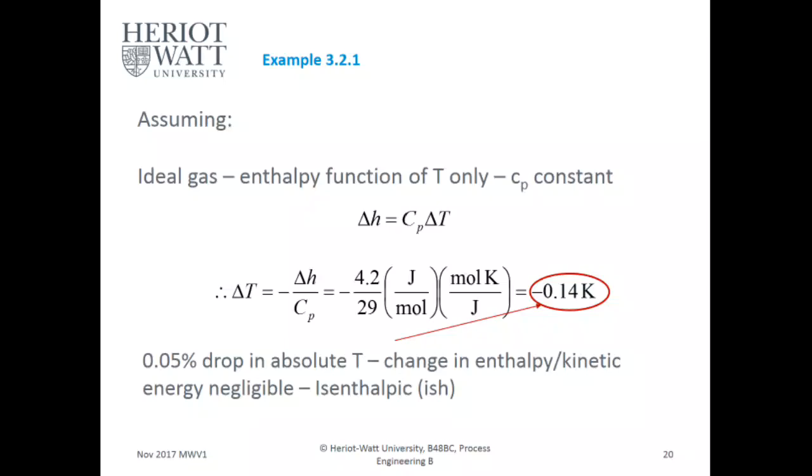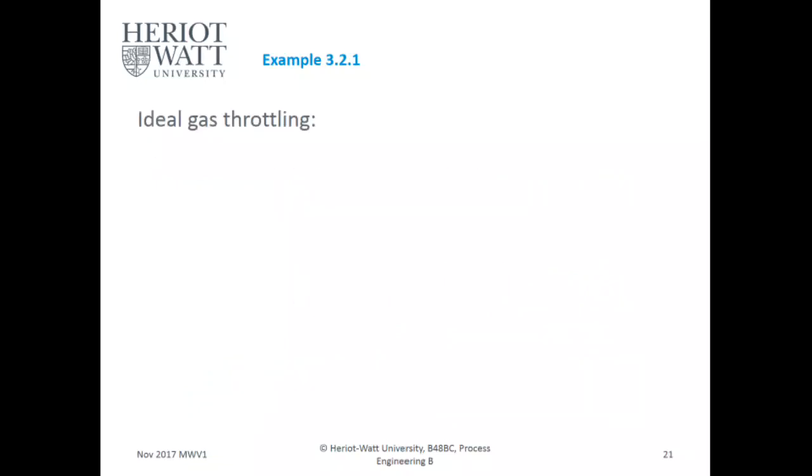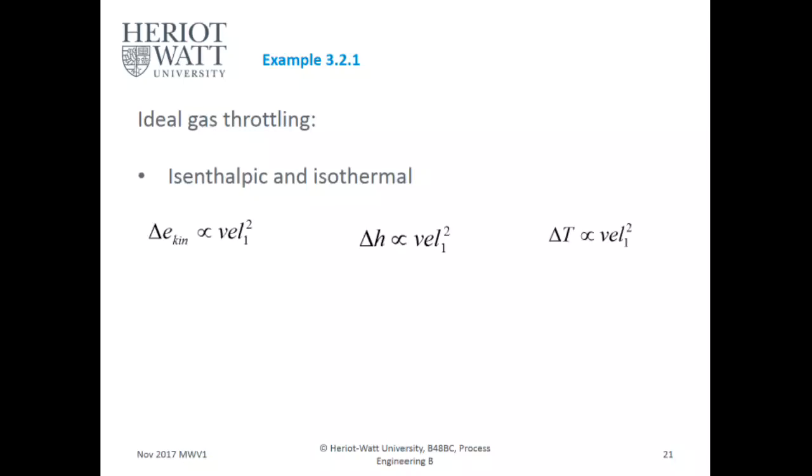Now, this changes for real gases quite substantially at higher pressures, but for the sake of this course, it's negligible, remember. So ideal gas throttling is isenthalpic and isothermal, and the change in kinetic energy is directly proportional to initial velocity squared, and the change in temperature is also directly proportional to initial velocity squared.